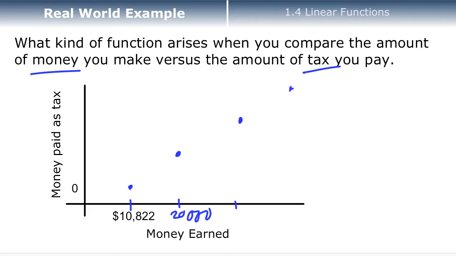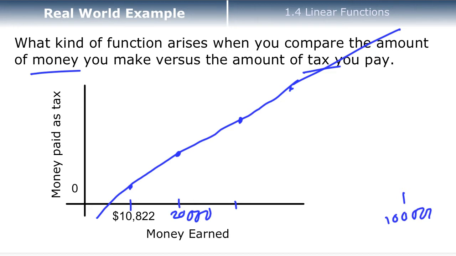And you can probably see that if you plot enough points, I should have used a straight line there, they approximate a linear function. And so what that allows us to do is explain and predict. Or we could say, okay, if you make $100,000, you would probably pay this much in taxes over here. And that's our explain and predict part.